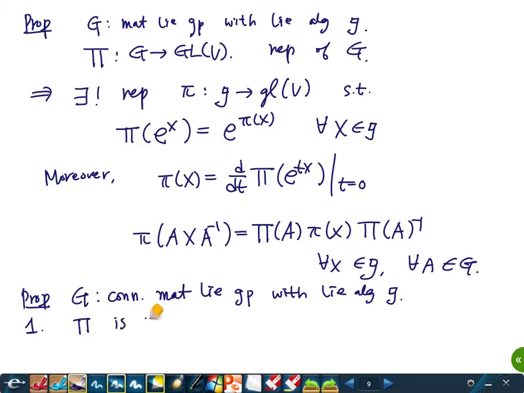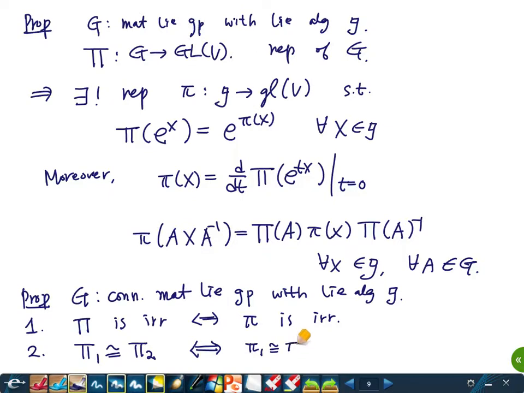This is irreducible if and only if the corresponding Lie algebra representation is irreducible. And second, two representations of a Lie group G are isomorphic if and only if their corresponding Lie algebra representations are isomorphic.